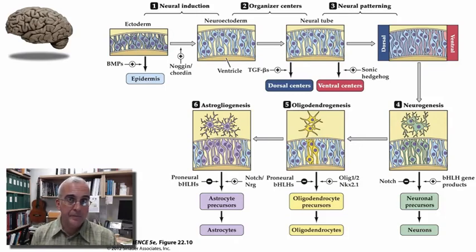So the second major factor that can shape the ultimate destiny of a neuroblast is cell lineage. That is, what is the transcriptional history of the cell, and what was the parent cell that gave rise to that particular progeny.